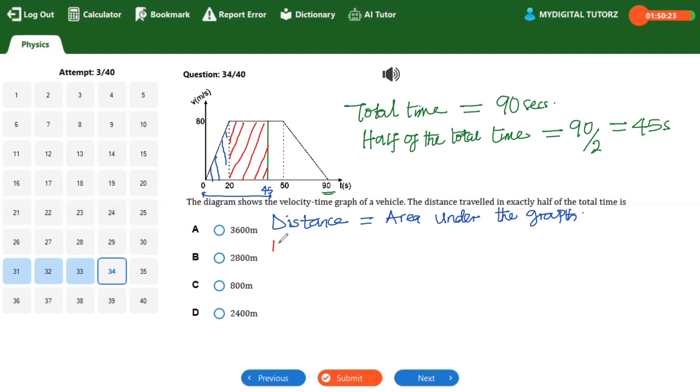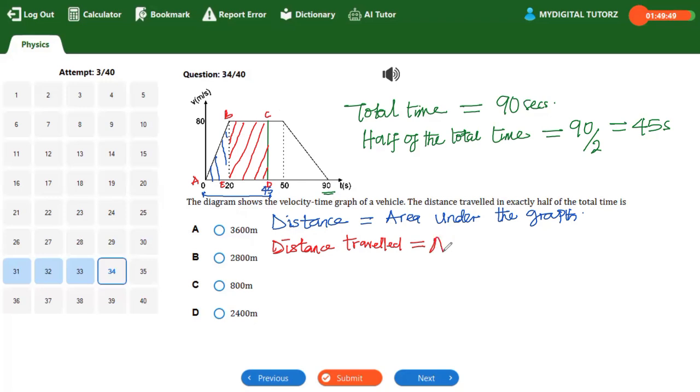So now, distance traveled in half of the total time will be equal to, let's name the points A, B, C, D, E. Let's call it like that. So we're going to have the area of triangle ABE plus the area of rectangle BCDE.